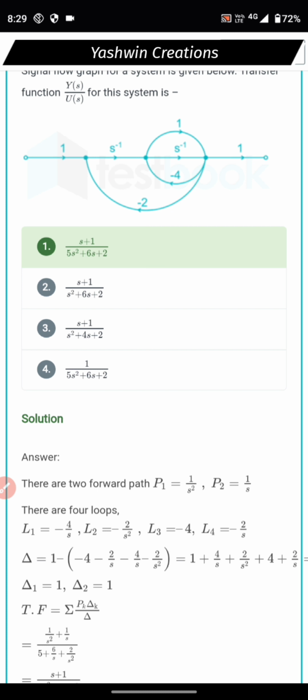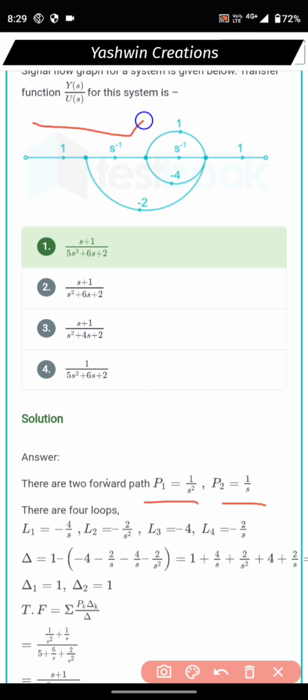They have given two forward paths in the signal flow graph. One is 1 divided by s squared, one is 1 divided by s. This is the first path, with gains 1, s to the power of minus 1, and 1, so you get 1 divided by s.